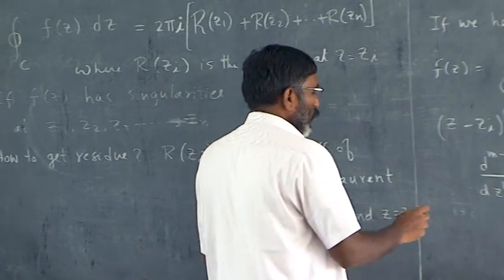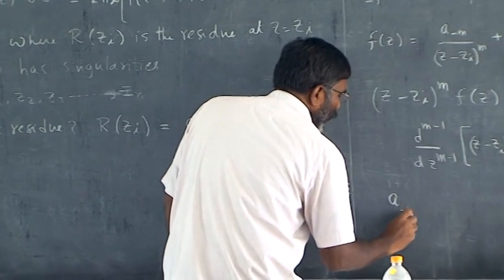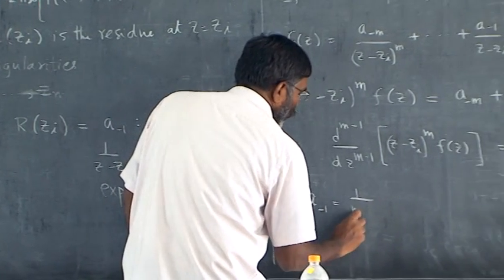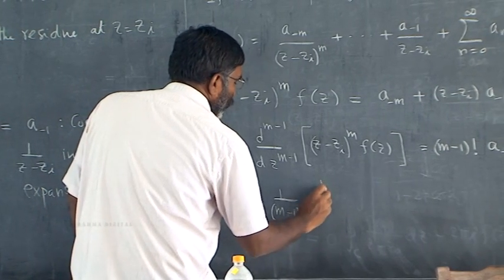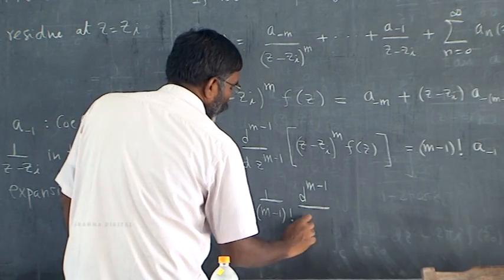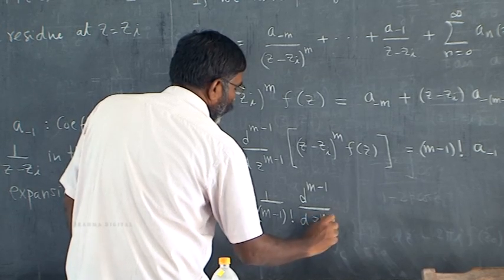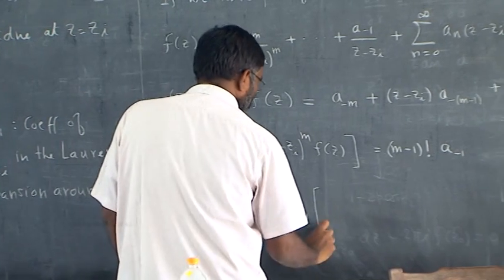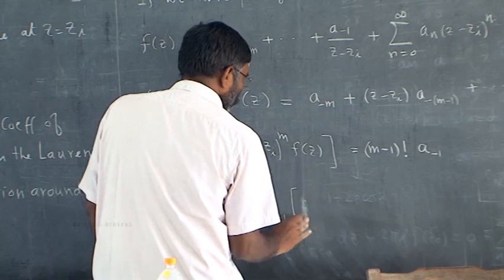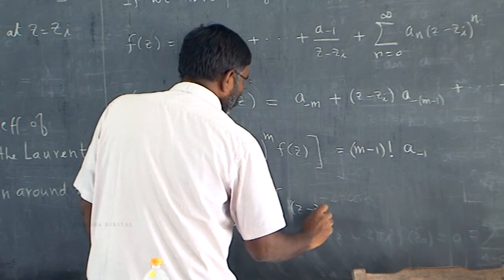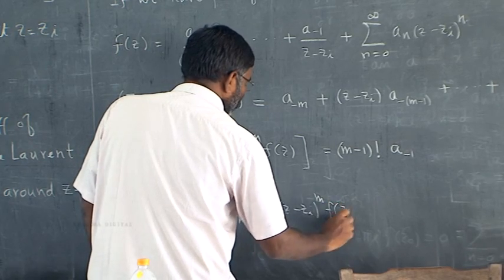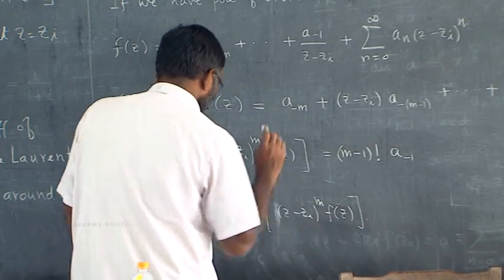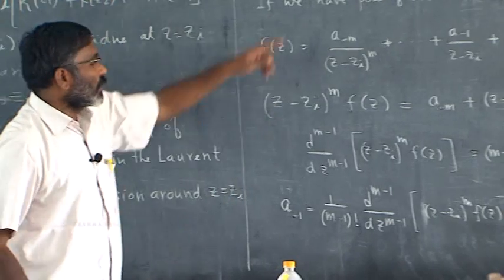So you can get a minus 1 as 1 over m minus 1 factorial times d to the m minus 1 by dz to the m minus 1 of z minus zi to the m into f of z.